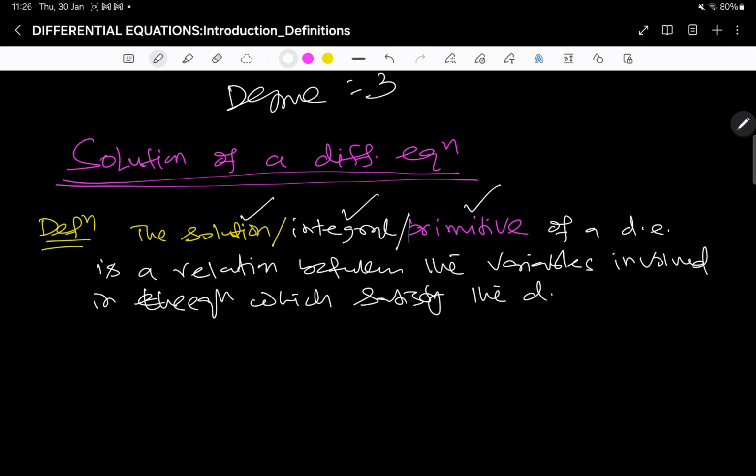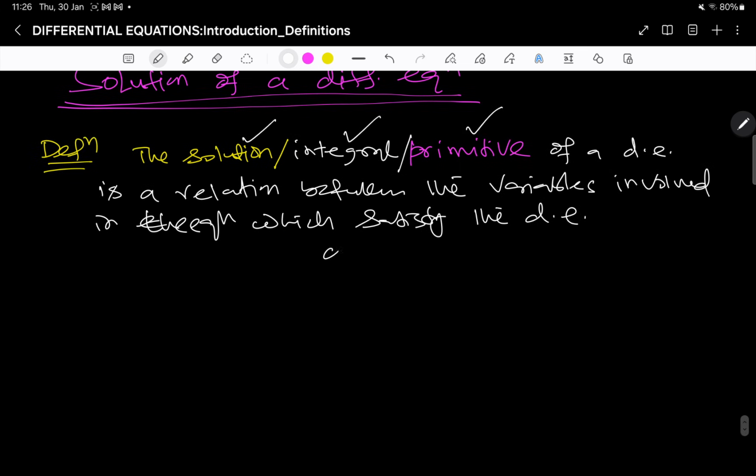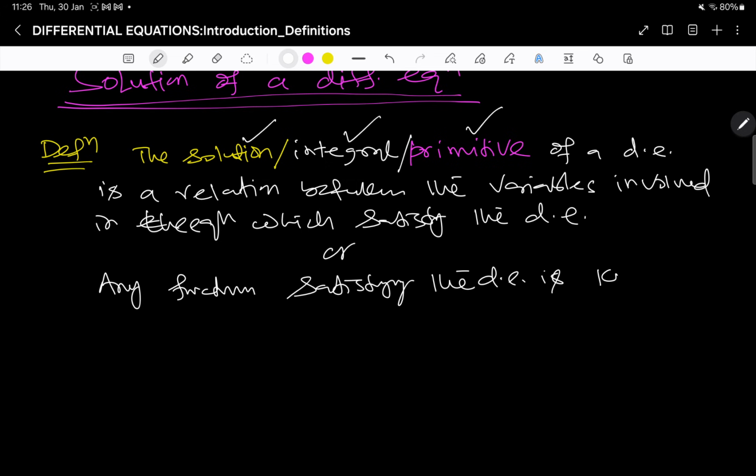Or we can say any function satisfying the differential equation is known as the solution of a differential equation.